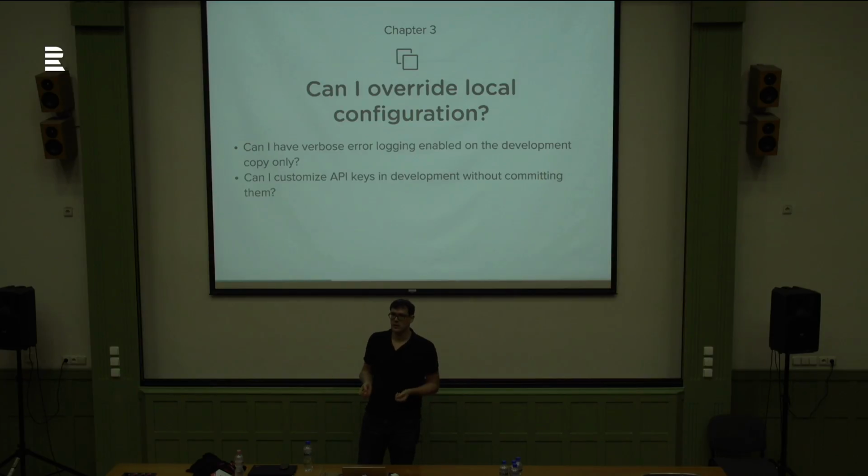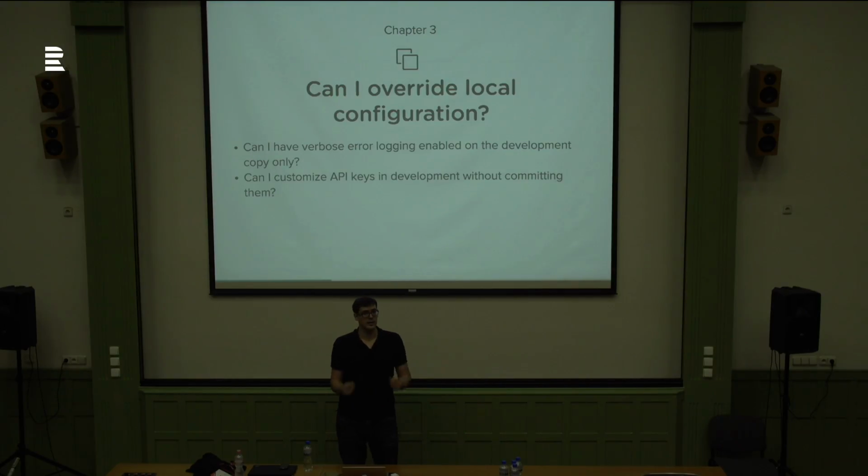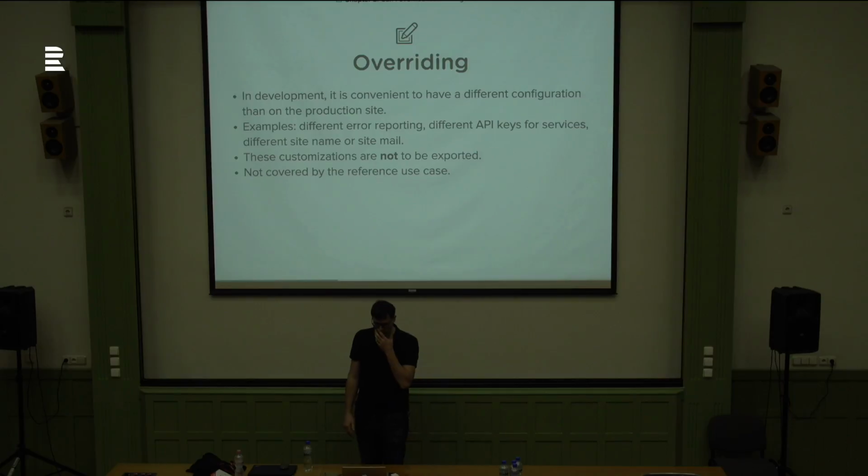But sometimes you want to have, for example, the verbose error logging enabled on development, but not on production, or you want to have API keys on production that you don't want to put in version control. So you have to override them in a way. You have to make it more special and get outside of this configuration deployment. And you can do that with core alone, and it's called overriding.